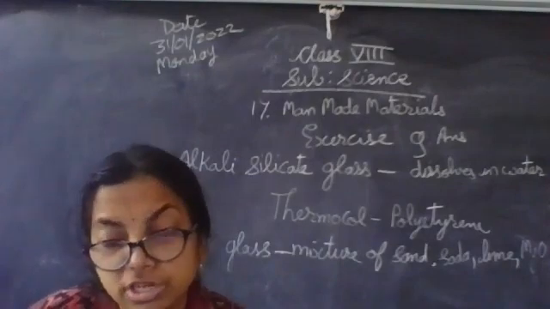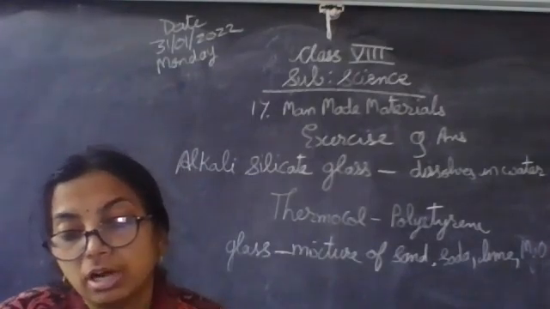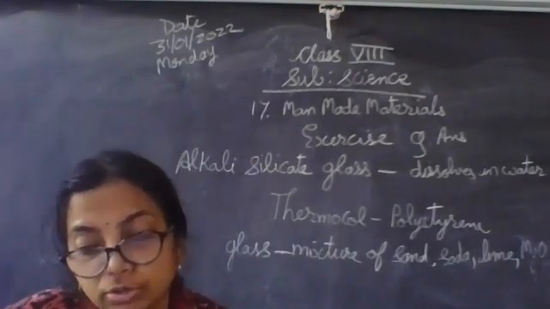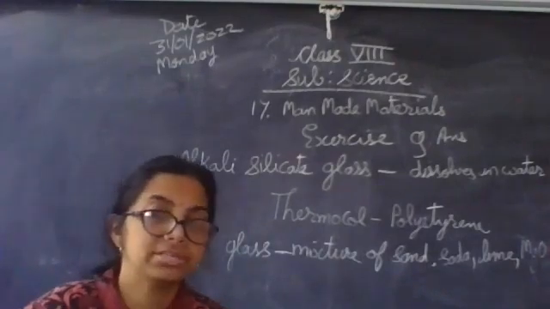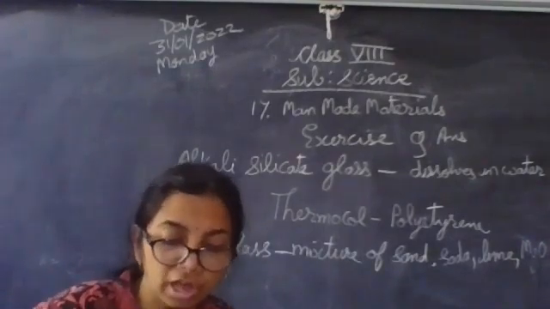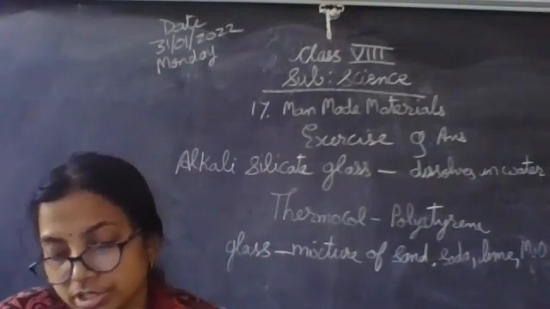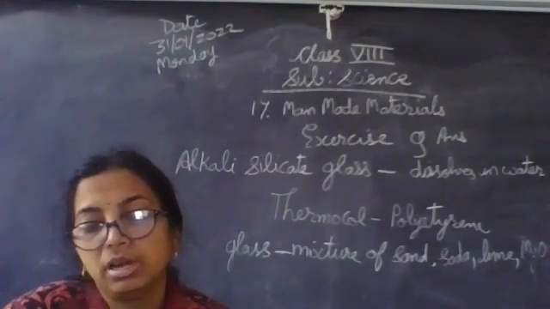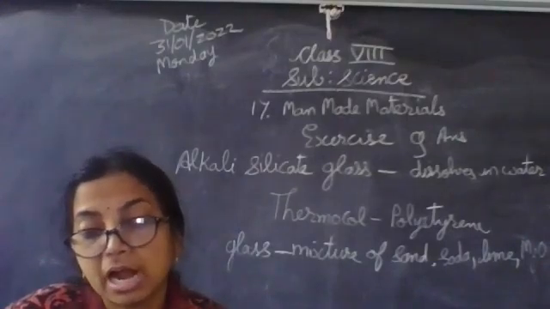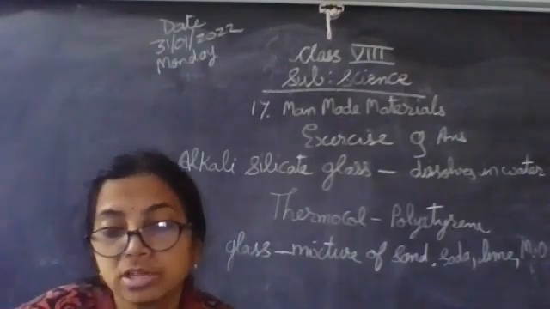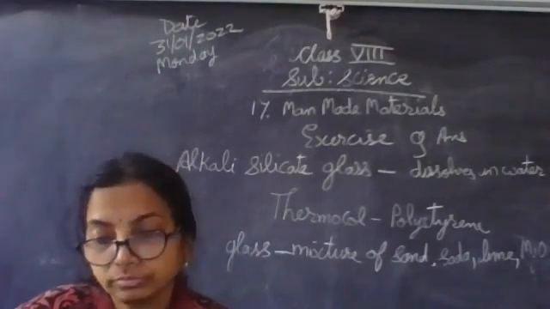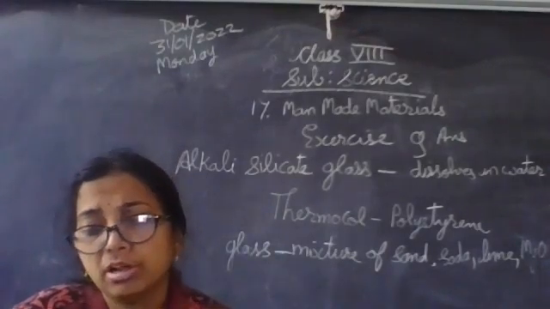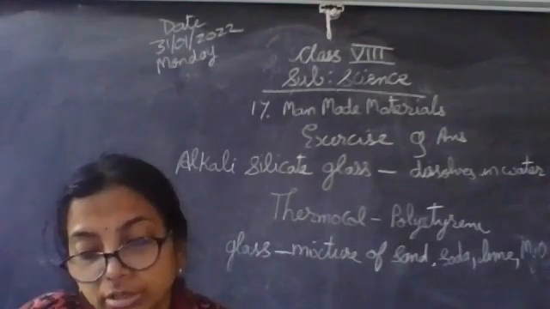The uses are actually endless. Thermosetting plastics are used for different purposes and thermoplastics are used for different purposes. So toys, loudspeaker parts, milk bags, ropes, refrigerator, gears of the machine.